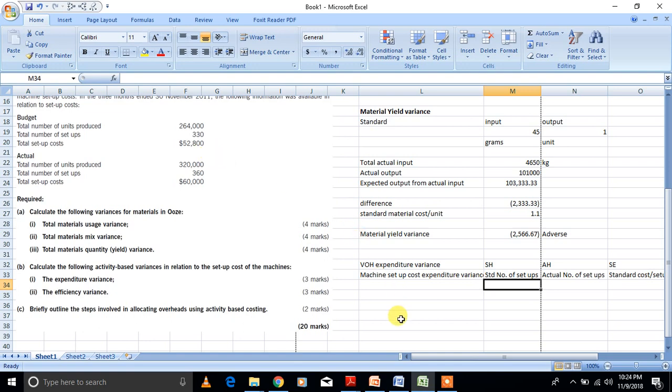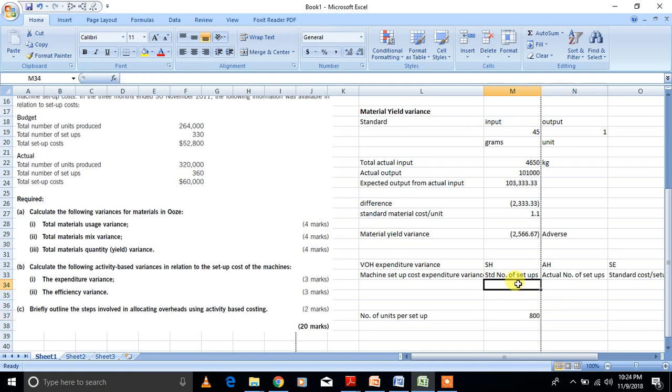So let me do another calculation here: number of units per setup. 264,000 units in 330 setups, so per setup 800 units are done.